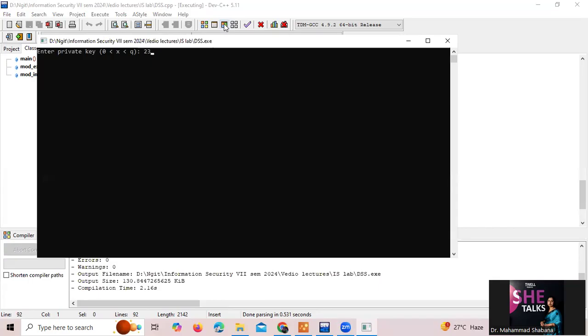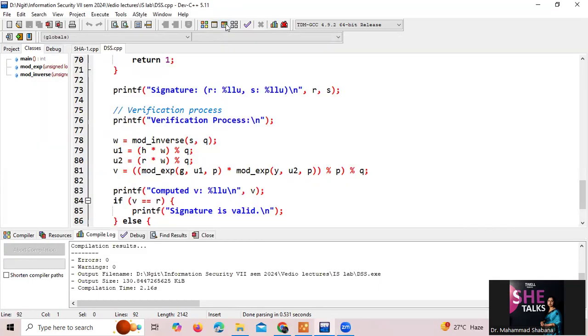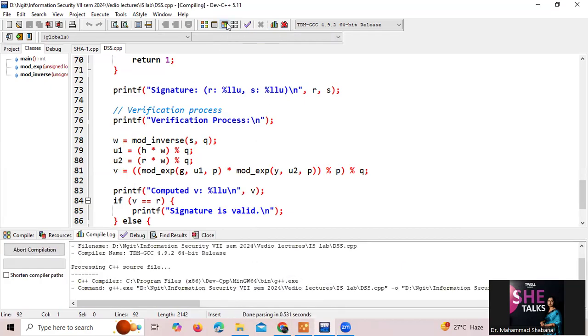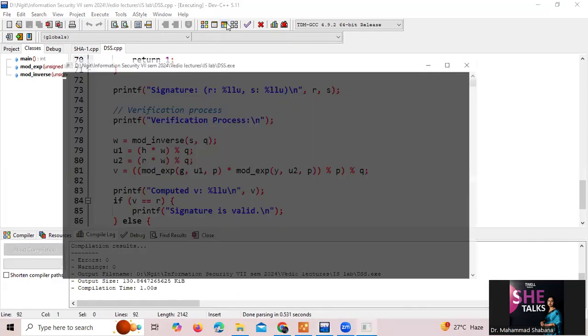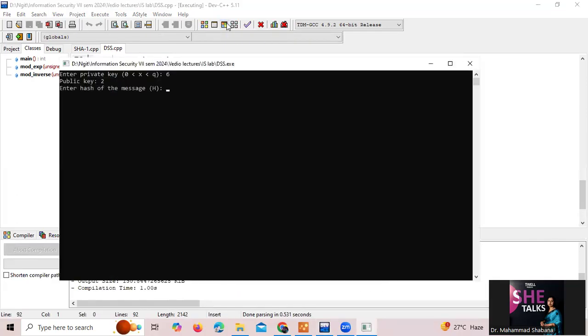P is equal to 23. So this is our private key, which is kept secret, that is 6.